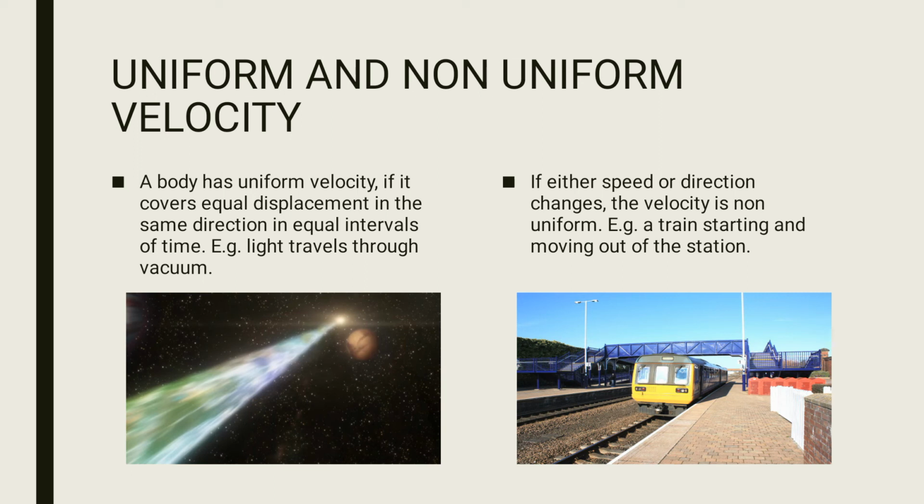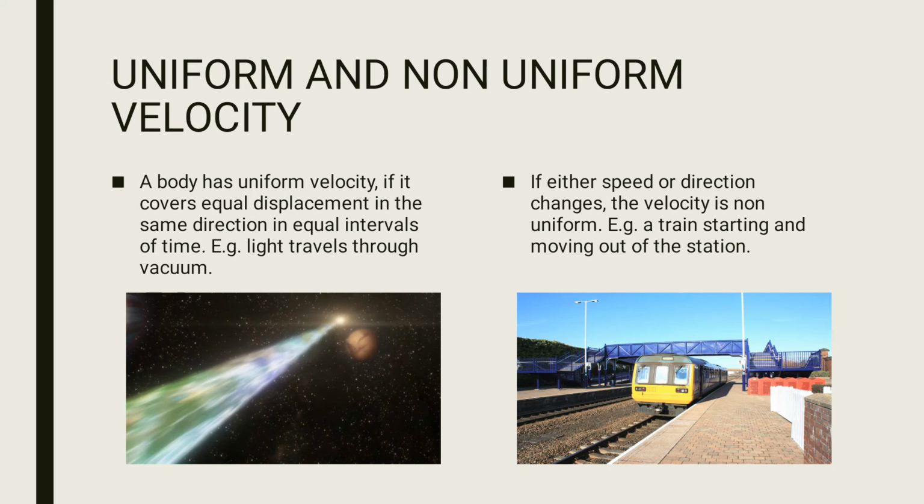Then non-uniform velocity. If a body changes either speed or direction in its travel, then it comes under non-uniform velocity. Example is train. So, it starts slowly when it is in the railway station and after some time it starts to increase its speed.